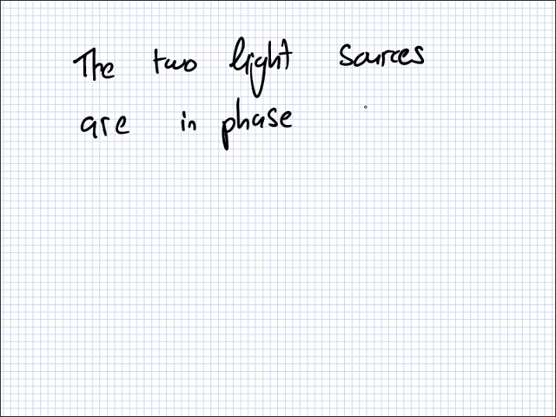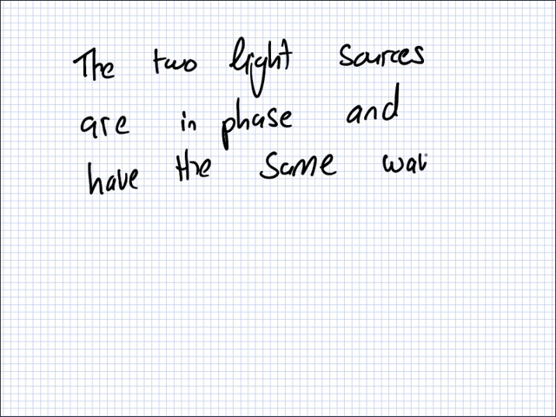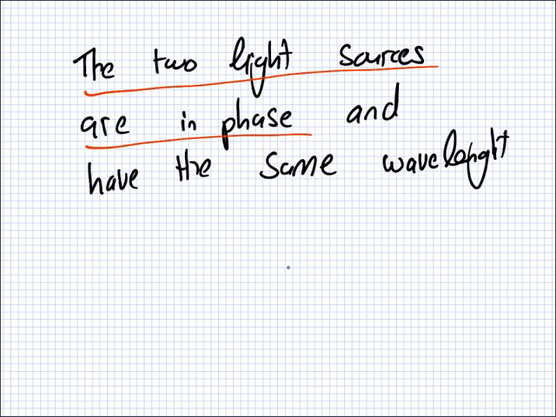Do you remember, in phase means constant phase difference, and have the same wavelength, I think. What did they say in the mark scheme? Coherent waves have a constant phase difference. Oh, so they didn't even bother with the same wavelength part. Okay.